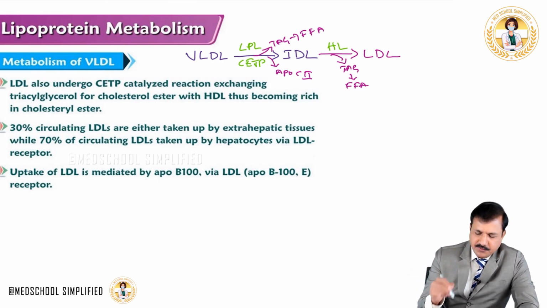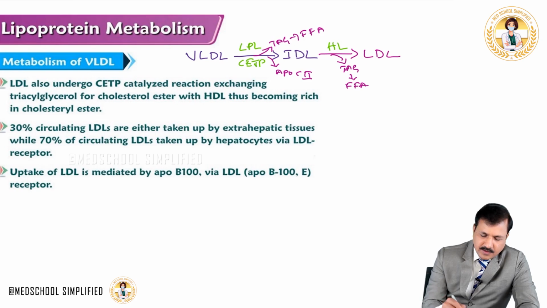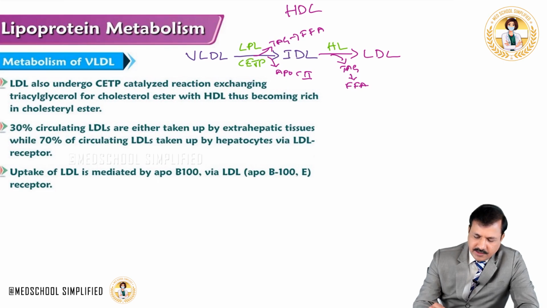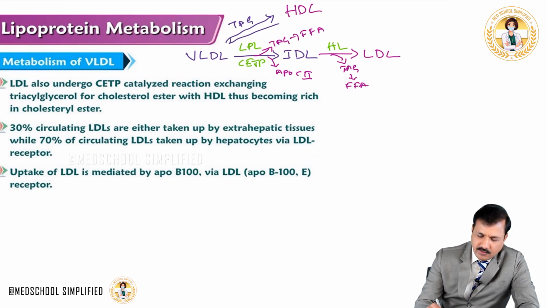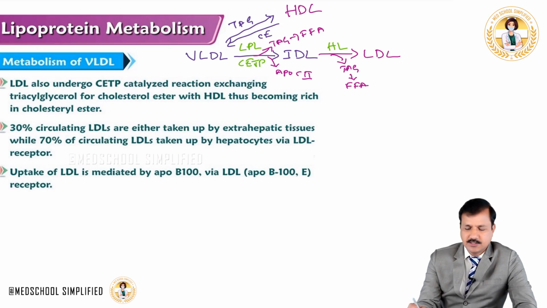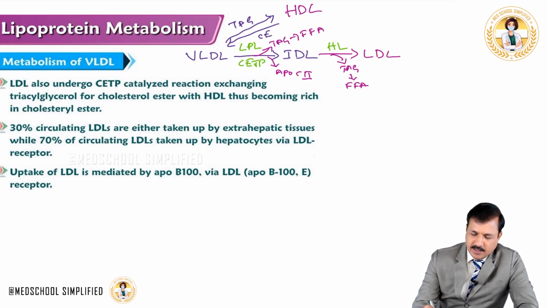And note that VLDL, IDL, LDL, all of them interact with HDL, which is rich in cholesterol ester. It is going to exchange its cholesterol ester for triacylglycerol with VLDL. So VLDL is going to give TAGs to HDL, and in return HDL is going to give cholesterol ester to VLDL. This is done by CETP. Similarly, HDL is going to give cholesterol ester to IDL, and IDL is going to give triacylglycerol to HDL.